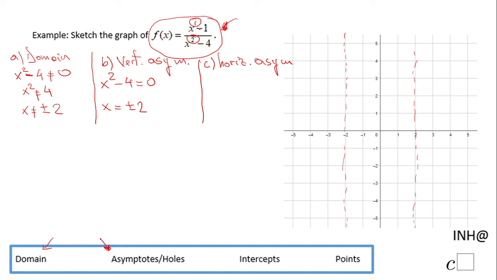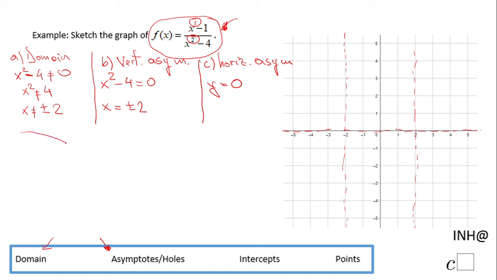If you notice, the degree of the numerator is less than the degree of the denominator, so that means we have y equals 0 as an asymptote. So that's the next thing I'm going to do. I'm going to draw this y equals 0, which is nothing else than the x-axis. The same meaning like the vertical asymptotes, the graph will go asymptotic with this horizontal asymptote.